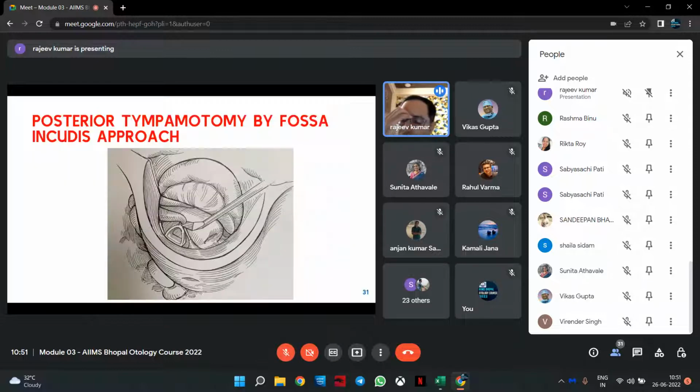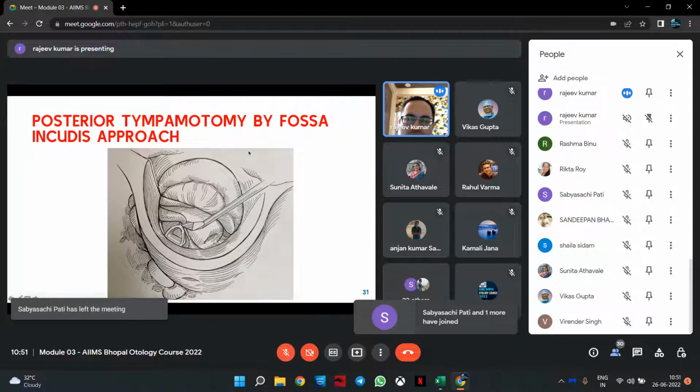Another approach of the canal wall up procedure is the fossa incudis approach. In this way, we can also access the posterior tympanum, and it is different from the facial recess approach. What we do in the fossa incudis approach, a type of canal wall up procedure, is go transcanal first.